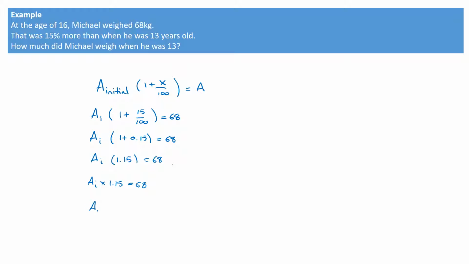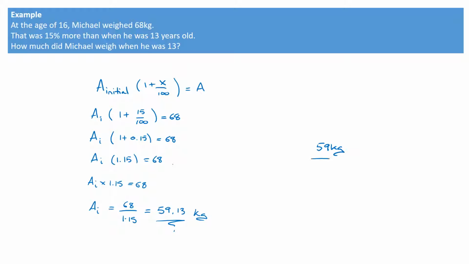That's AI, the initial weight, equals 68 over 1.15. Using a calculator and rounding to two decimal places, we find 59.13 kilograms. It's unlikely that we need to go to two decimal places here, so we'll just round to the nearest kilo and say that Michael used to weigh 59 kilograms.